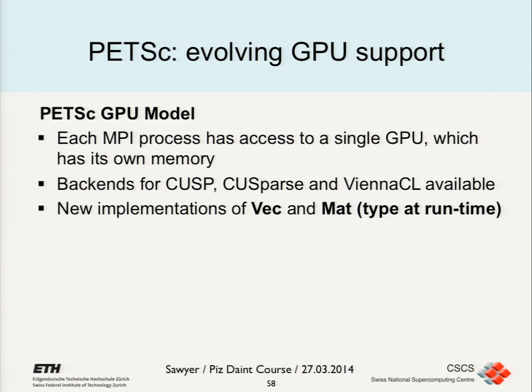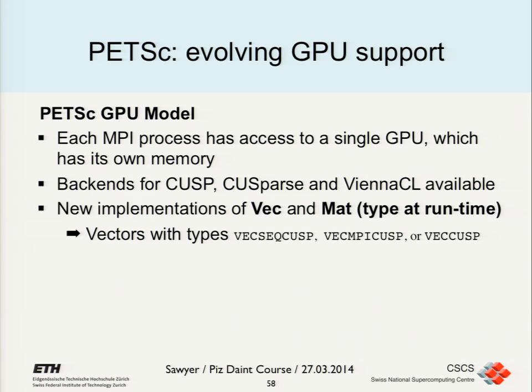Multiple backends for these libraries I mentioned, cuSPARSE, ViennaCL, Cusp. And this requires new implementations of these abstractions for matrices and vectors. So you have things like vector sequential Cusp, and MPI Cusp, so this would be distributed over multiple nodes.